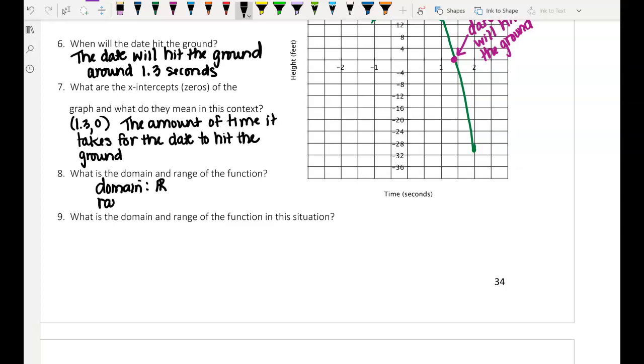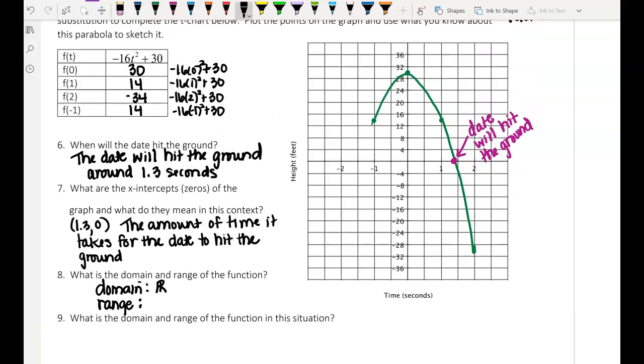And what about the range of the function? My y values have to be less than or equal to what? What's the highest y value I have? 30. So y has to be less than or equal to 30. Again, that is the domain and range of the function.